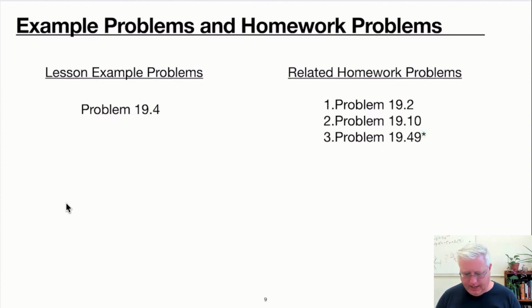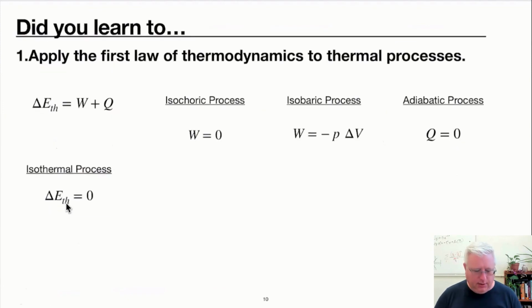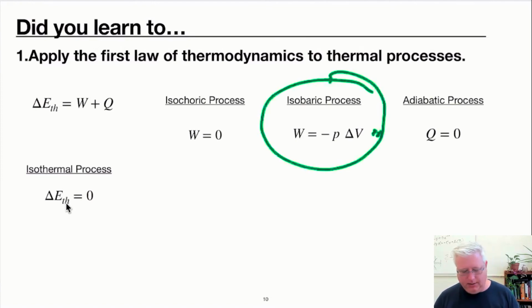It's homework 11 now. Did you learn how to apply the first law of thermodynamics to thermal processes? In particular, we spent a lot of time with the isobaric process, the constant pressure process, where the work done is the negative of the area under the pressure-volume graph. So whatever that constant pressure is, the change in volume determines the work that's done by the environment.